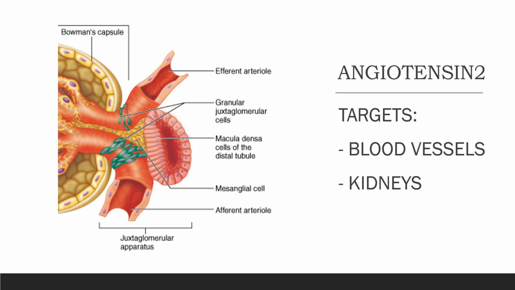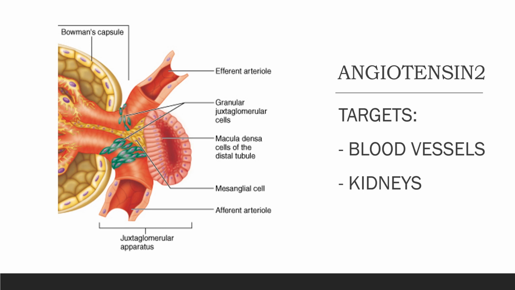He's going to constrict the walls of our blood vessels to make them narrower so that we can increase our blood pressure. In the veins, when he constricts the veins, that's going to increase venous return. When we increase venous return, we increase blood pressure as a result.